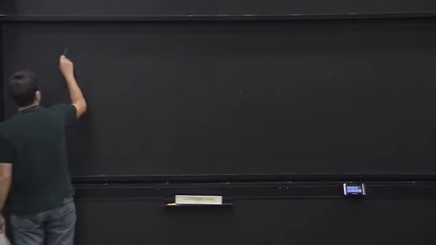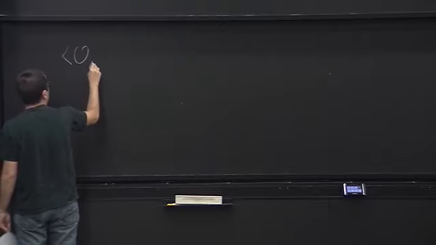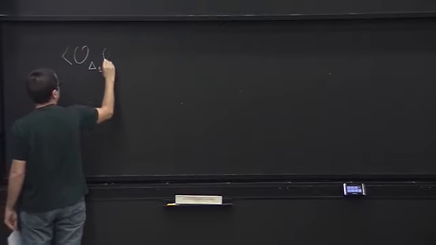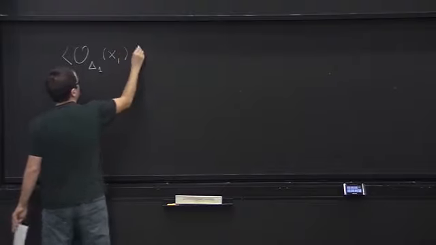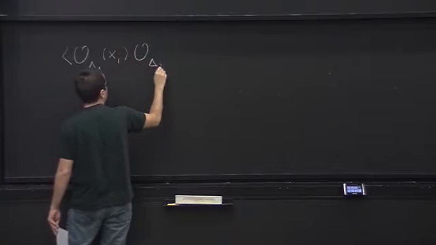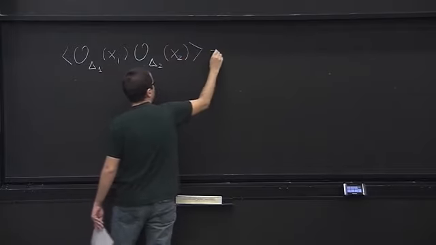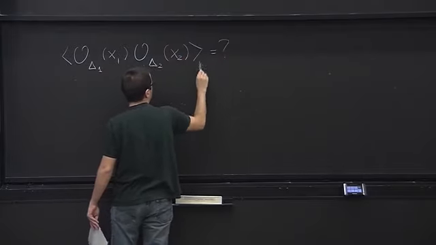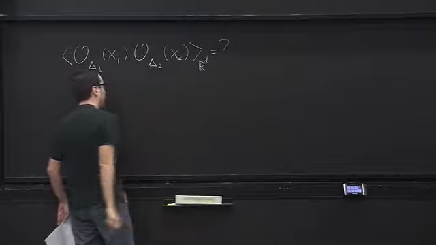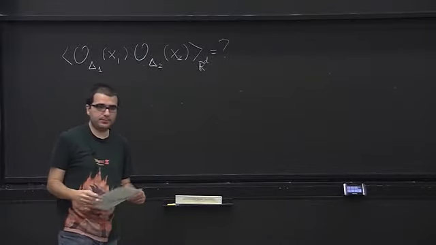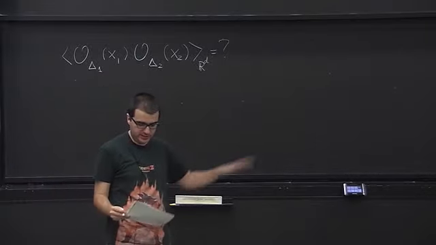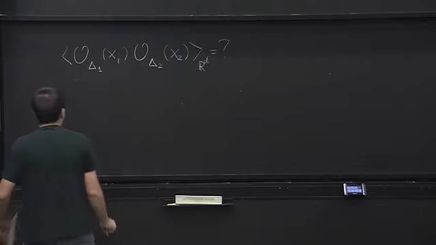Okay. So we want to ask ourselves, what is the correlation function between an operator which has dimension delta 1 at some position x1 and an operator that has dimension delta 2 at some position x2? From now on, I will omit R^D. It's always in R^D. So now we are doing Euclidean flat space. Well, what do we know?